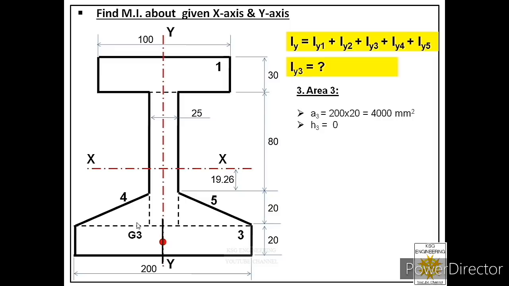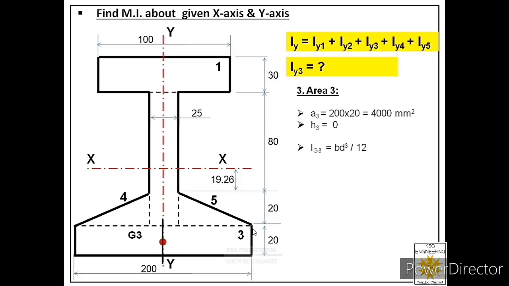Now in the next step, we have to find Ig3, that is the area moment of inertia of area 3 about its own centroidal axis. It is a rectangular area, so Ig3 will be equal to BD cube by 12. Parallel to this centroidal axis, we have 20 mm as the side of the rectangle.